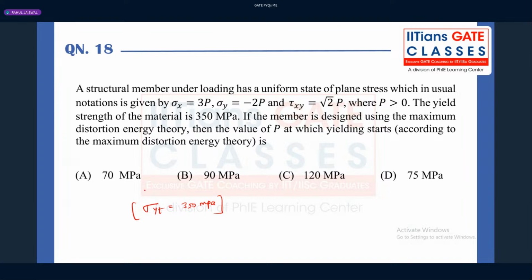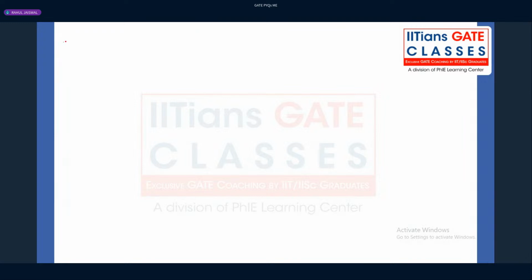Right. So for solving this question, what are all the data we have given? Sigma x. What is the sigma x value? Sigma x value they have given as 3p. Sigma y is minus 2p. Tau xy is root 2p. The yield strength they have given as 350 megapascal.